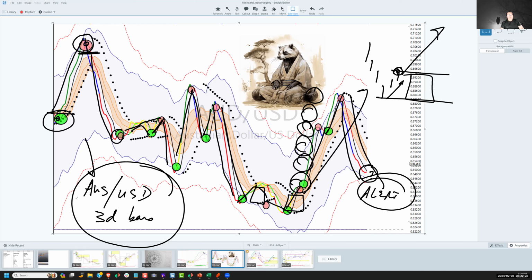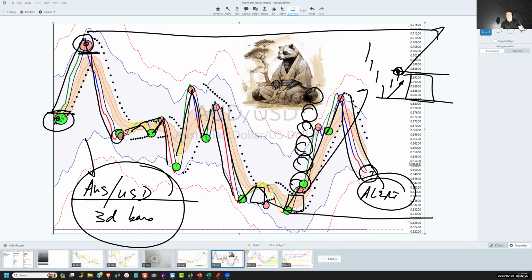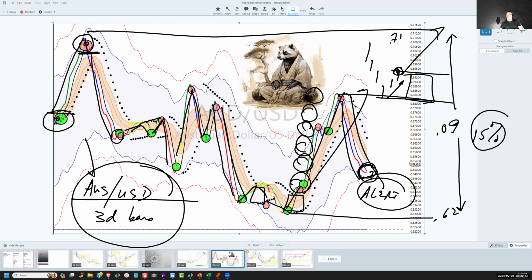So this establishes a channel between 62 cents on the dollar and 71 cents on the dollar. So that's 0.62. That's 9 cents, which is about a 15% channel. And even if you did this, if this turns right here, we now have a out of two.